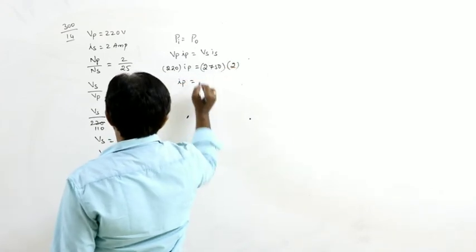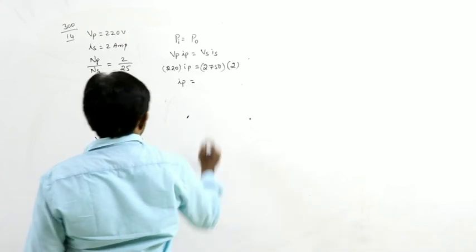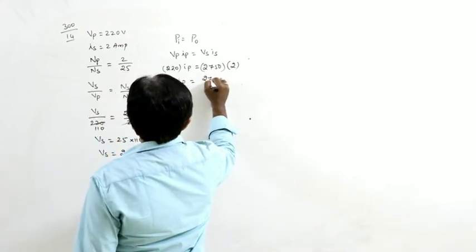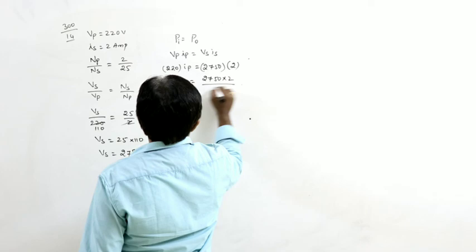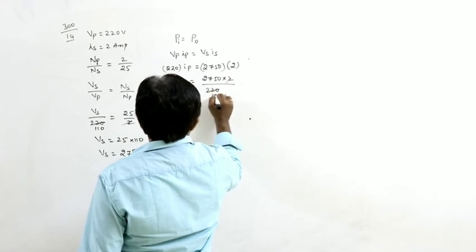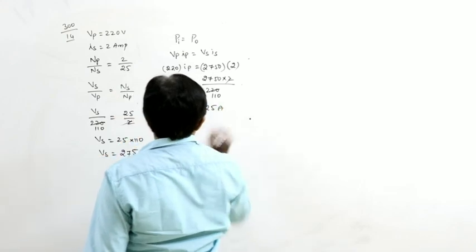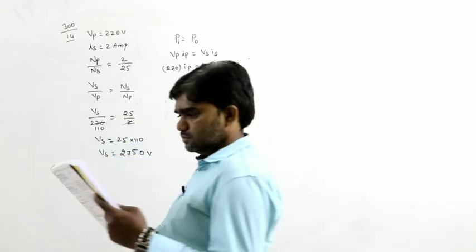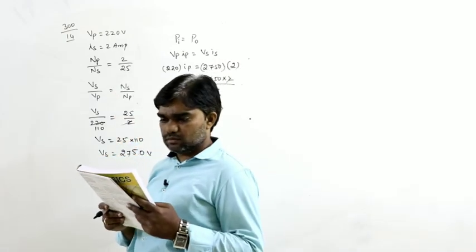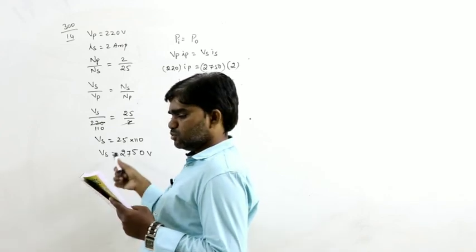So I primary is equal to 2750 into 2 divided by 220, which is 25 amps.